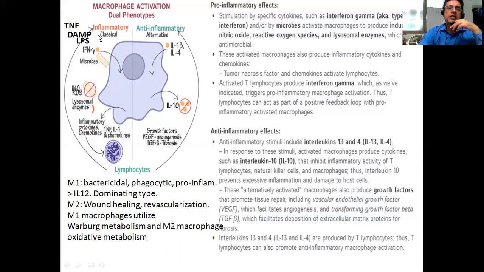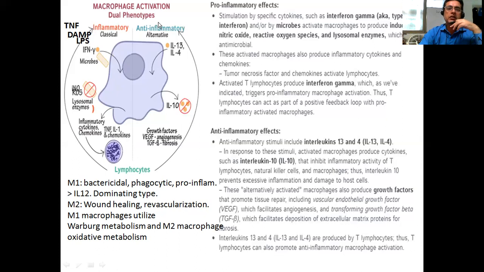While the inflammatory one, when there is some kind of infection, when a bacteria or virus or some other microbe enters into your body, then these macrophages should be activated in a classical way, which is the dominant type, as I told you.